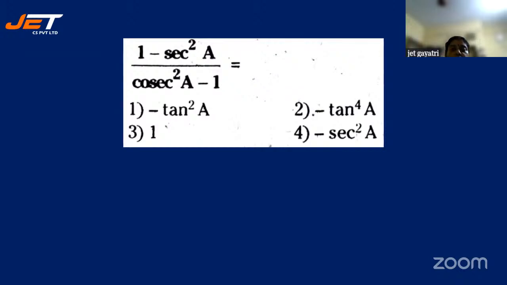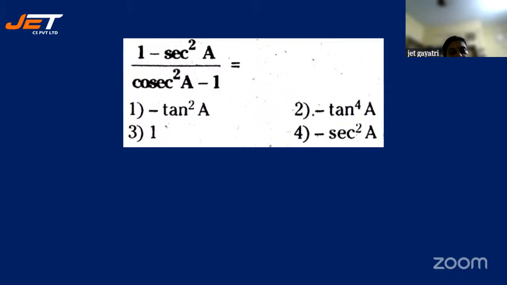All right, let's move on to the next question. 1 minus secant square A by cosecant square A minus 1. All right, so this really requires the application of formula. Right, so 1 minus secant square A by cosecant square A minus 1.